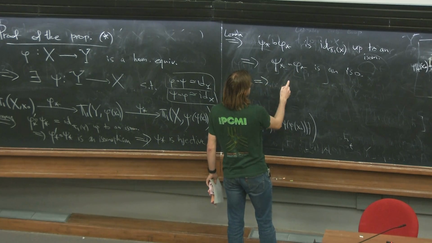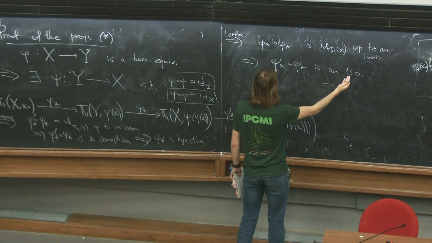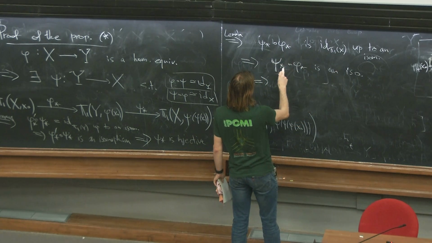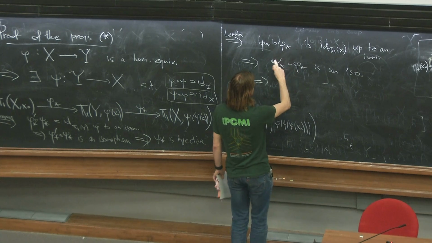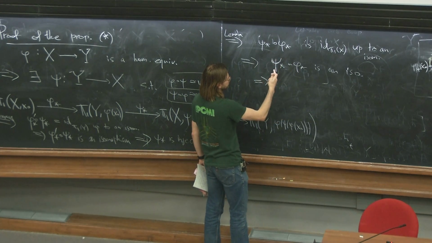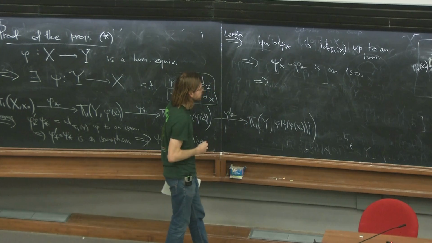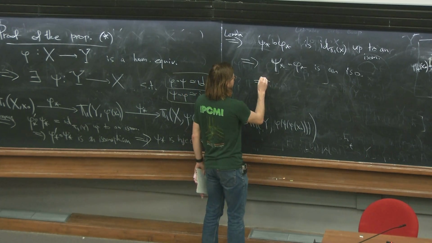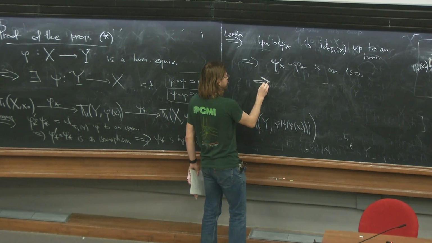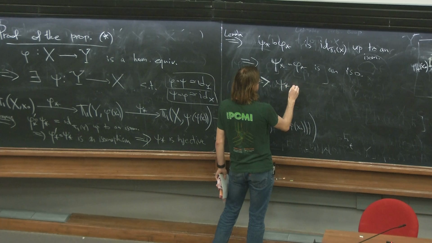that in particular, since any isomorphism is surjective, the map which we apply second here must be surjective, because its image should be the whole group. It means that psi star is surjective.